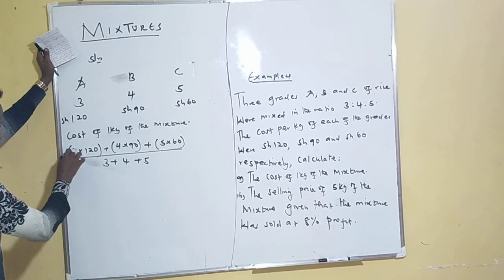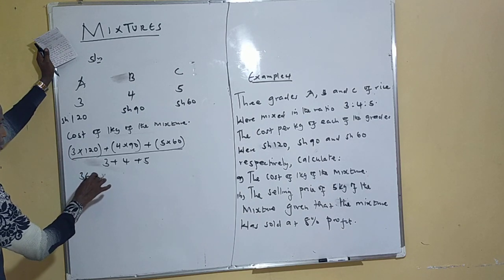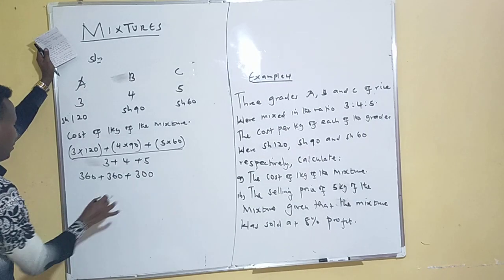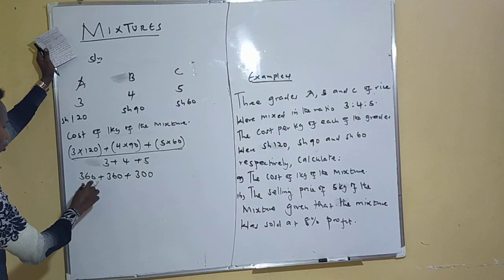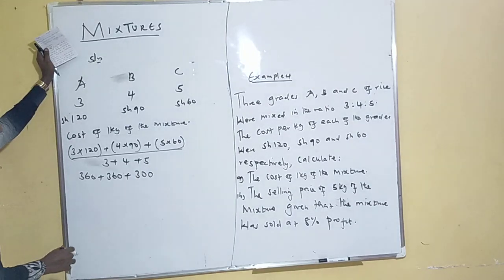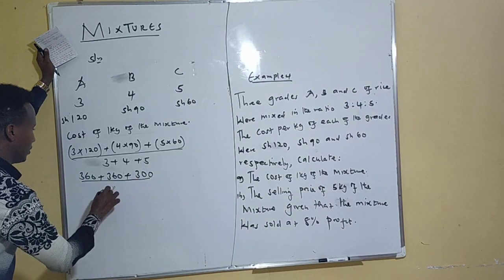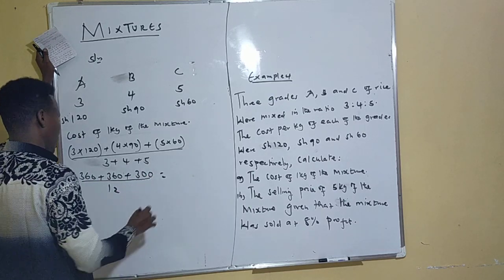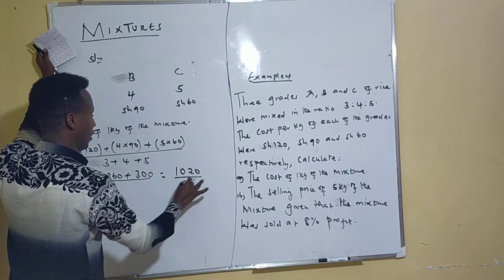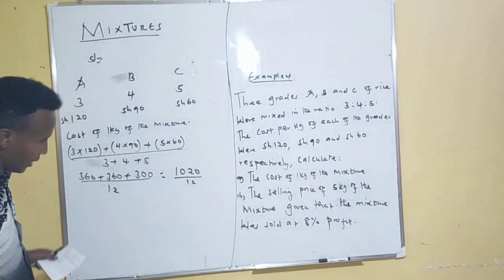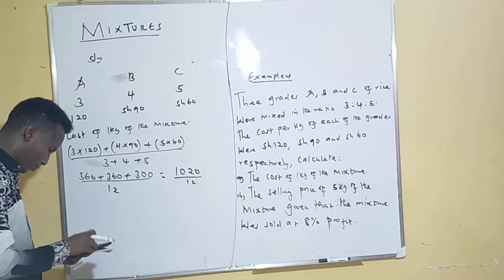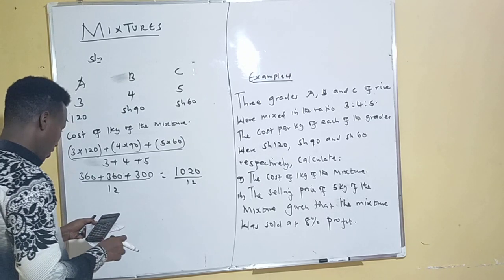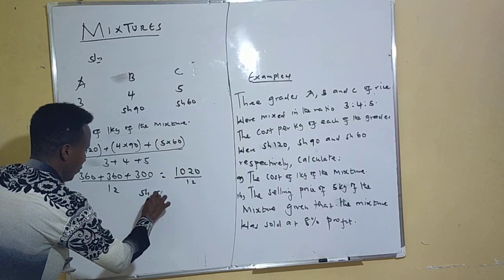This times this is 360 plus another 360 plus 300. So that will be 720 plus 300 divided by 12. So this will give me 1020 divided by 12. We'll use our calculator: 1020 divided by 12, and that is shirin 85.